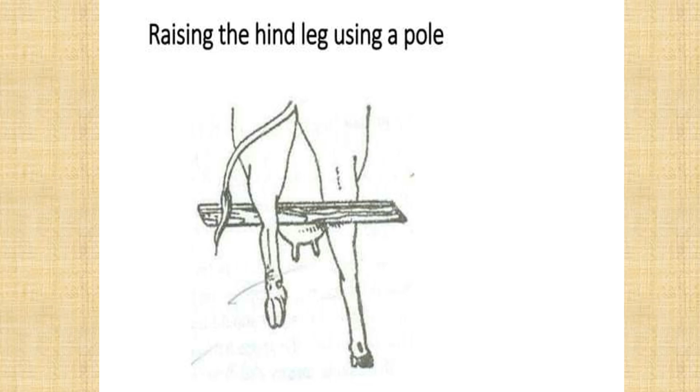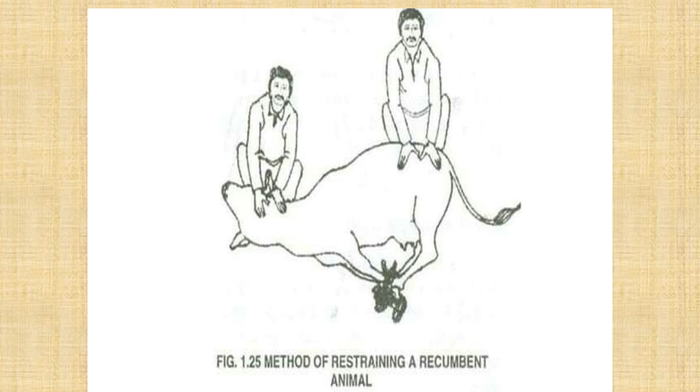The size is about 10 square centimeters or 10 to 15 inches, and at that time you should raise the hind leg using the pole. If you pass the pole in between the hind legs, automatically the animal is going to lift, and it is easy. And we can ensure that such animals cannot kick very badly.